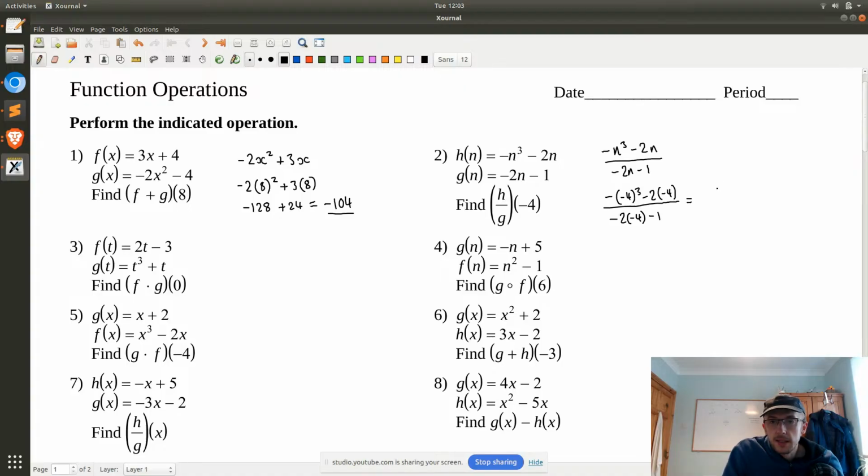That gives you +64. This turns into +8. This turns into +8. And we take off 1. And we get a final answer of 72/7. And we check these two. And they're correct. Okay.